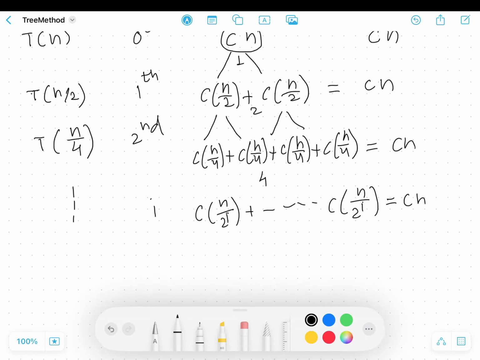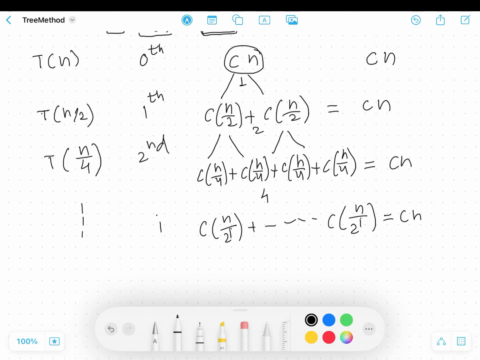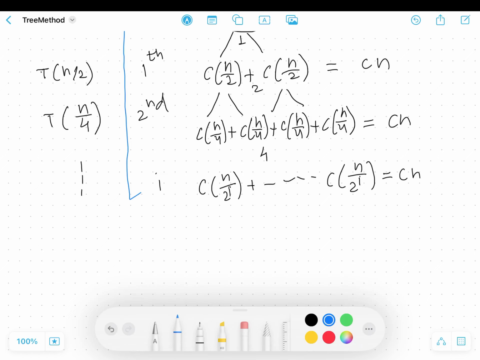This means we are going from 0 to i, and that means going from 0 to i is i plus 1 levels: 0, 1, 2, up to i.